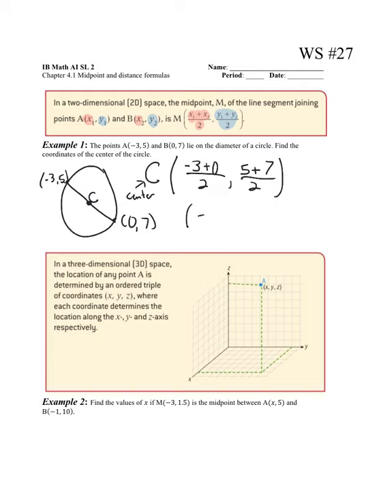And we end up getting -3/2, comma, 12/2, which is 6. So -3/2, comma, 6. That's our first example of chapter 4. Hopefully a little bit easier than what we've been dealing with in calculus. Hopefully.